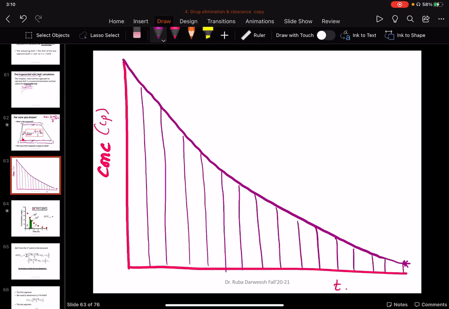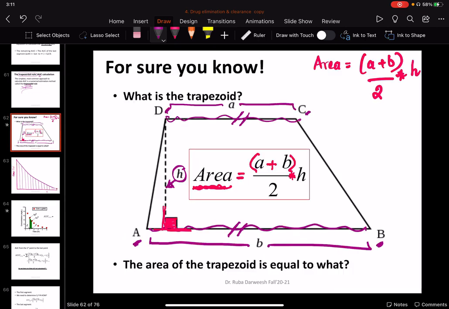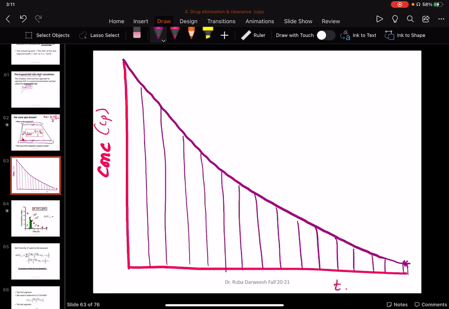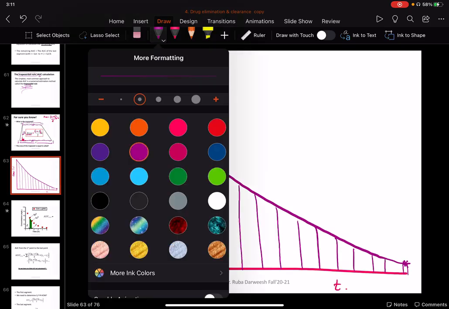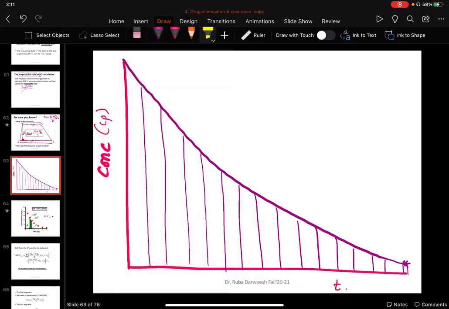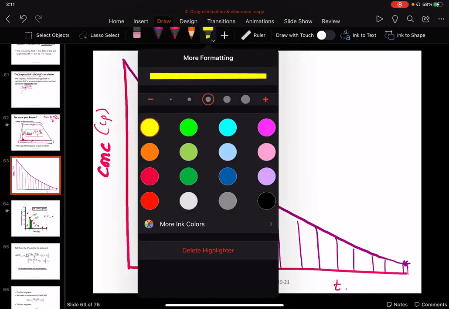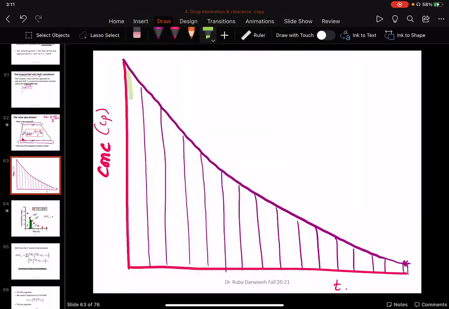Can you think of a reason why we need to have as many trapezoids as we can? Because if you go to the shape of the trapezoid, it's a geometrical shape that looks like this. So if we take one of those trapezoids, let's use a highlight, it may be easier. Let's go with this trapezoid.